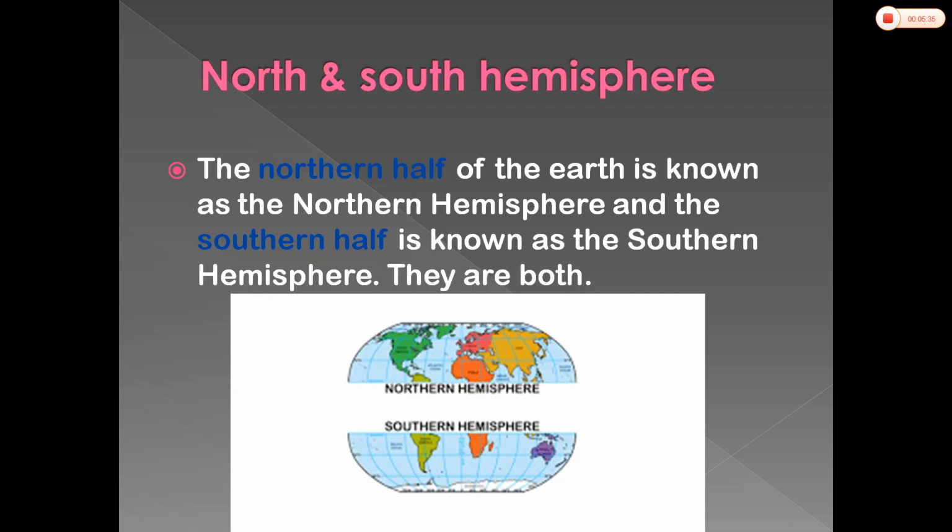This 0 degree equator line divides the earth into two equal parts, and these two equal parts are called the northern half and southern half. The northern half of the earth is known as the northern hemisphere, and the southern half is known as the southern hemisphere. In this way, the equator is a very important imaginary line.